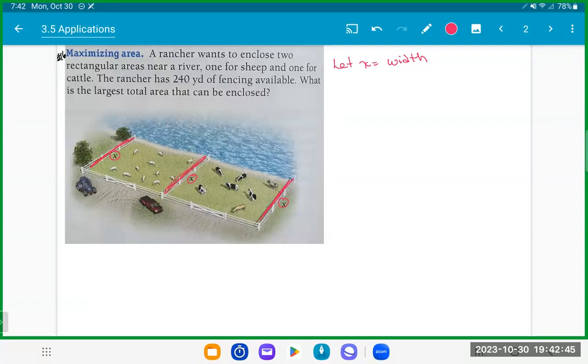So we're going to have 3 times the width, and whatever that value is, we need it 3 times. And then let y equal our length. That would be this piece right here.